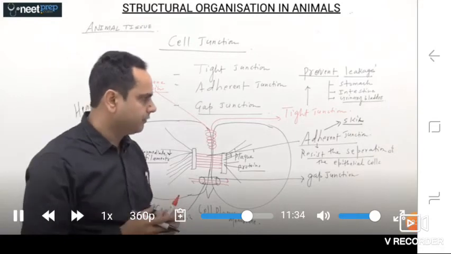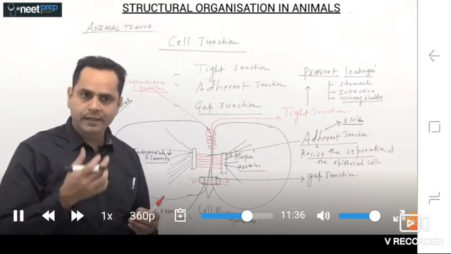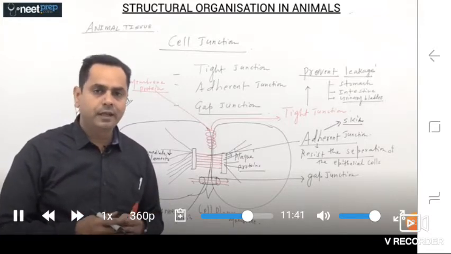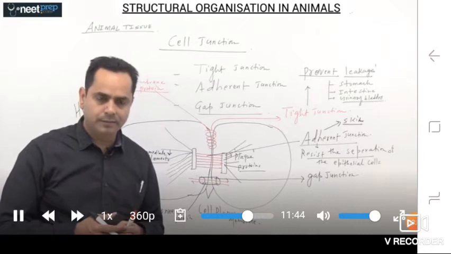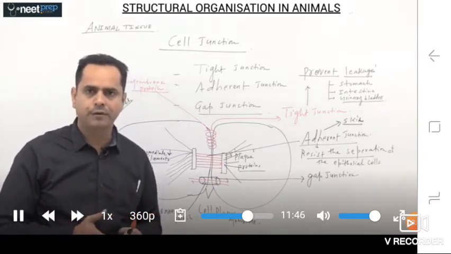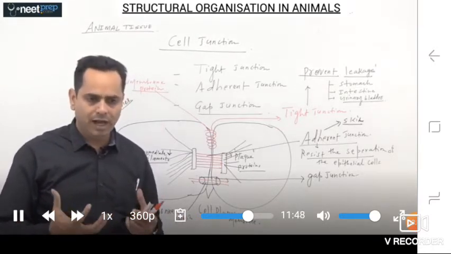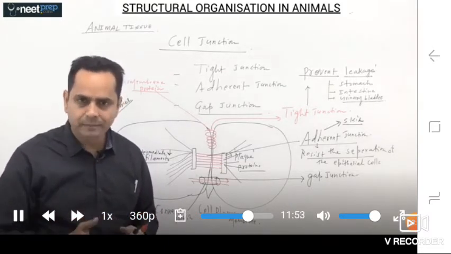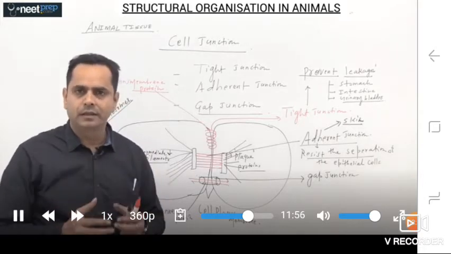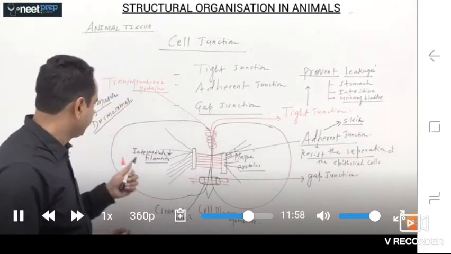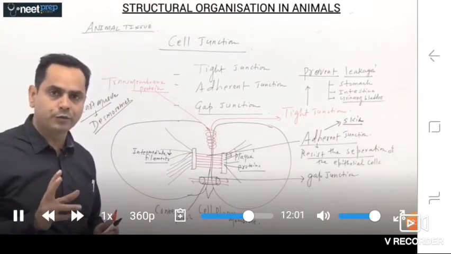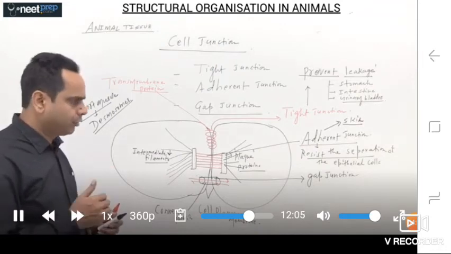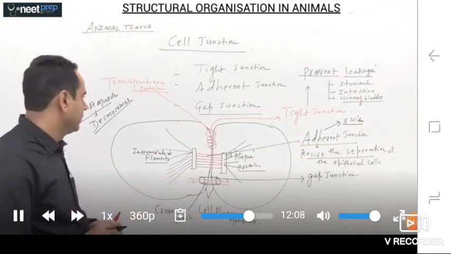Desmosomes are also a kind of adherent junction, or we can say they bind the layers of cells, and they are very commonly seen in the heart muscles because the heart muscle contains a large number of heart muscle fibers, and all heart muscle fibers contract simultaneously, and at that time they need attachment, and that attachment is because of these desmosomes. So remember, desmosomes are present in the heart muscle. It's also a kind of attachment junction.